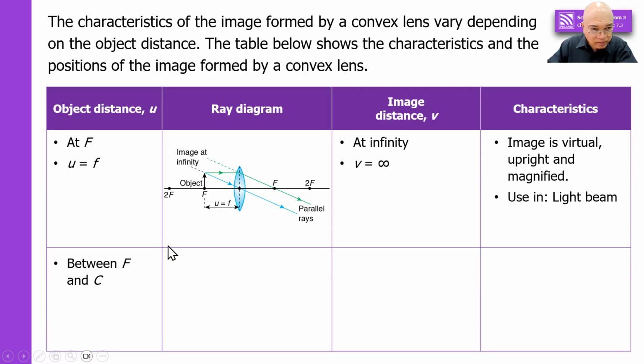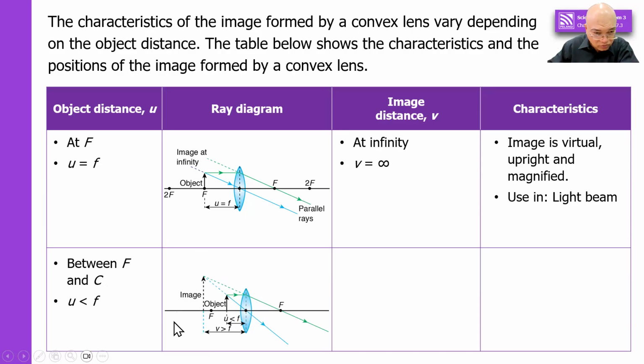What about between F and C for the object distance? What is between F and C for the object distance? So here, the object distance is less than F. Because this is F, less than F or before. Yeah, here.